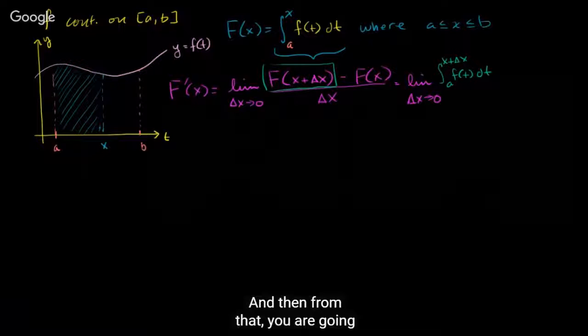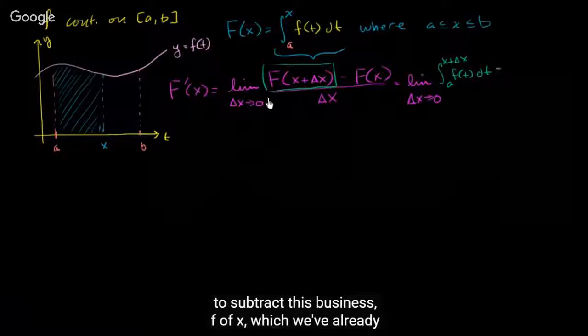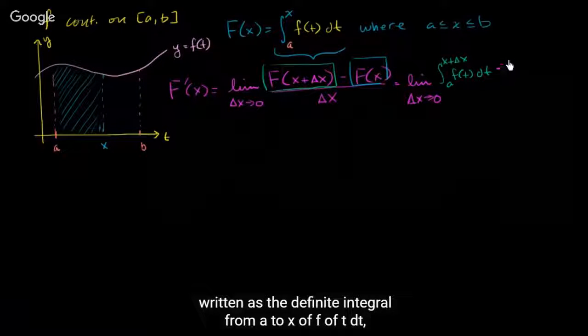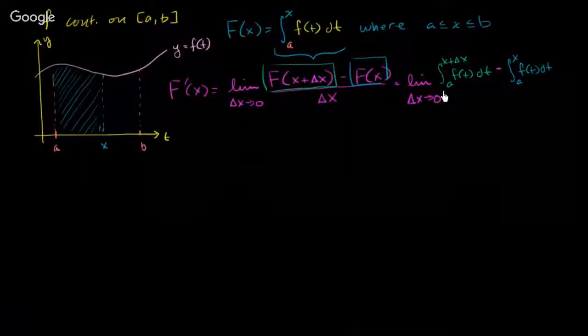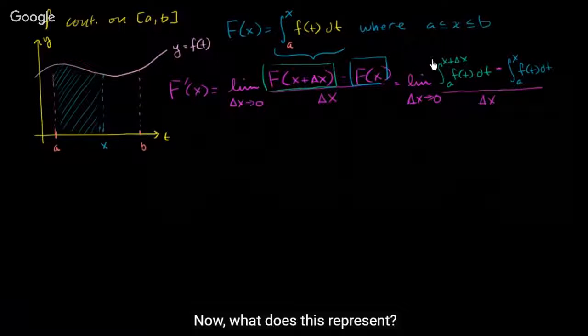And then from that, you are going to subtract this business, F of x, which we've already written as the definite integral from a to x of f of t dt, and then all of this is over delta x. Now, what does this represent?